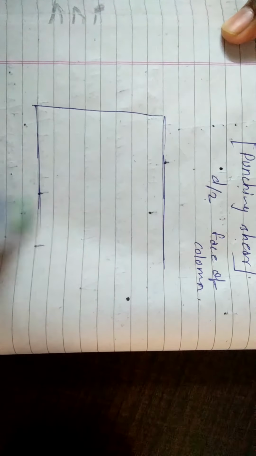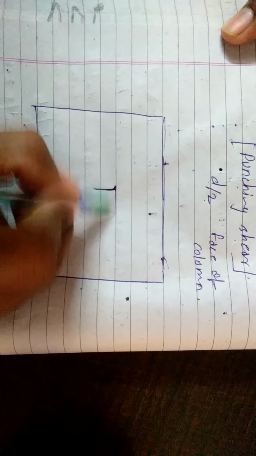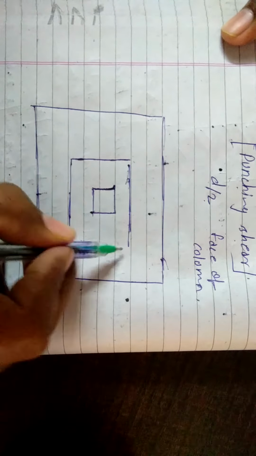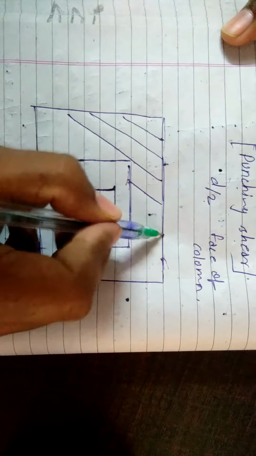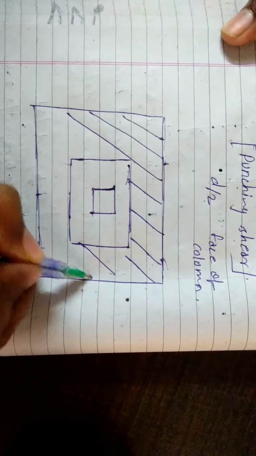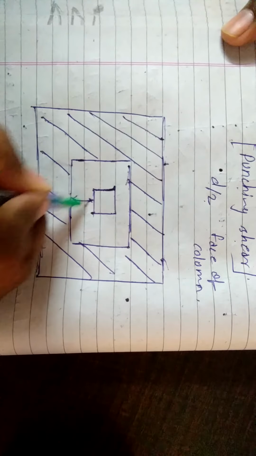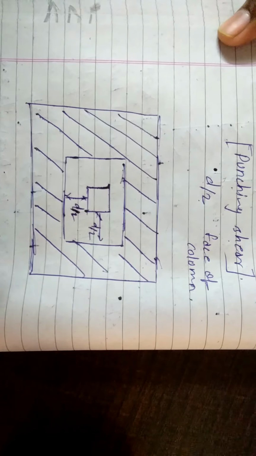For example, I am again drawing the same figure. For the two-way shear, the only difference is that the shear force will act on this shaded area, and this distance will be d by 2, and this one will also be d by 2.